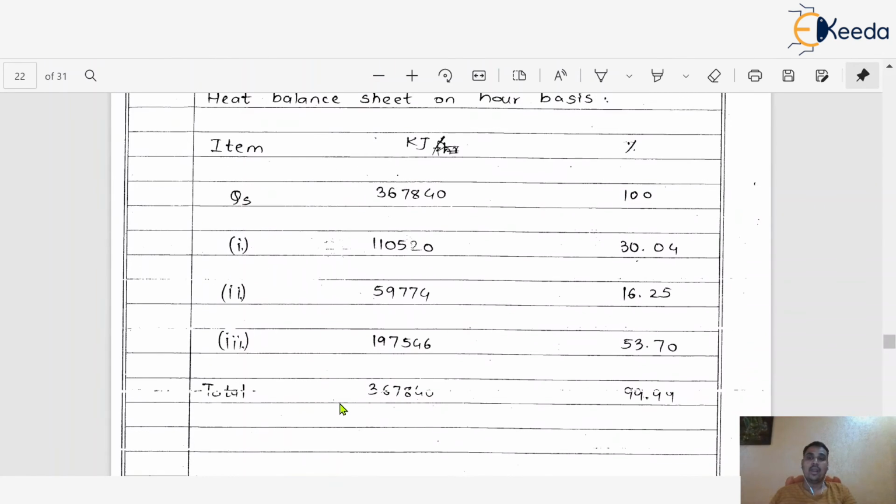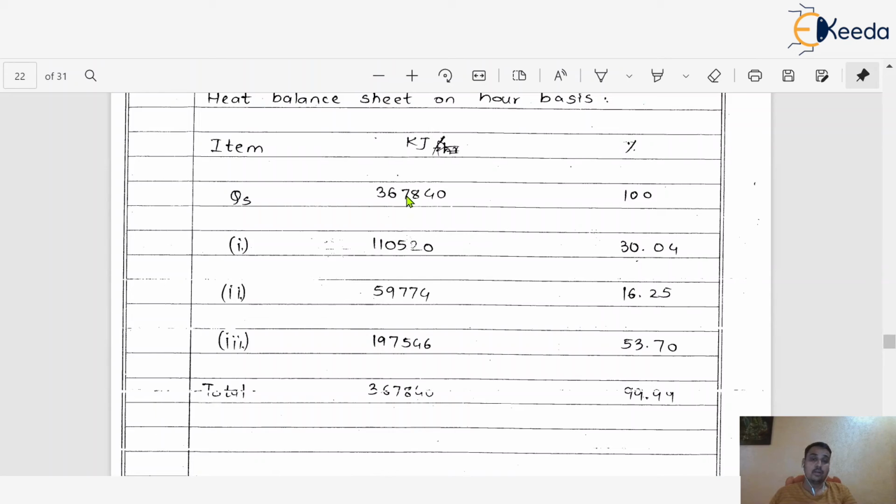So put all the values, first, second and third: 110520, 59774, and the third one 197546. If 367840 is 100%, then what about the percentage of 110520? That will come 30.04% against 100% of heat.